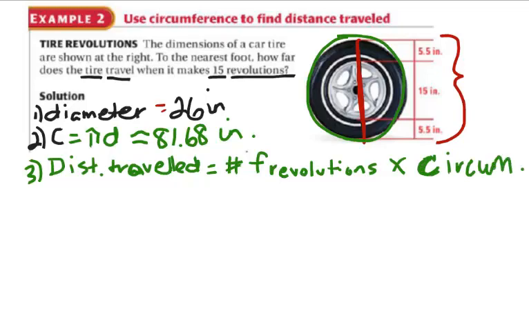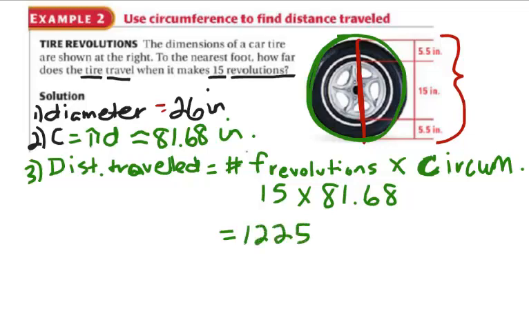The number of revolutions is how many times that tire is going around, and then times the circumference, so 1 time around. The number of revolutions we got was 15. We multiply that by the circumference, 81.68, and when we do that, we get 1,225.2 inches.